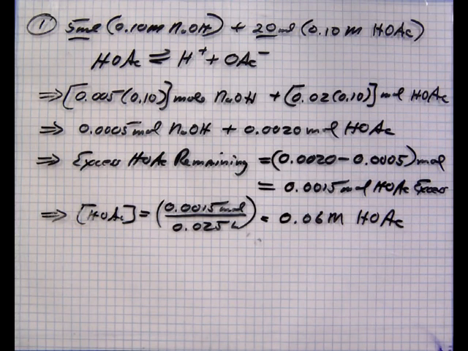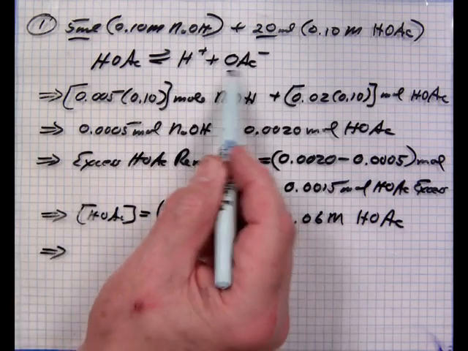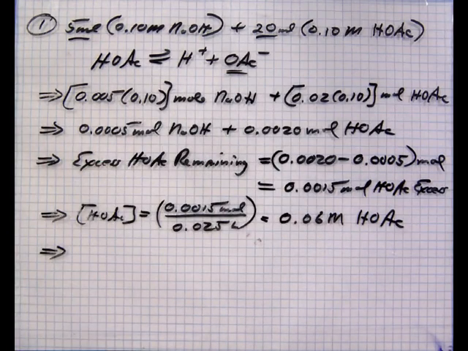Now, we also have to take into account the formation of the salt, sodium acetate, and the presence of the acetate ion, because it functions as a common ion. And so we have to take those concepts into account. So we ask ourselves, well, what is the concentration of the acetate ion after we add so much of the base to neutralize?